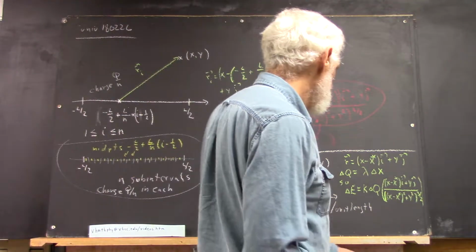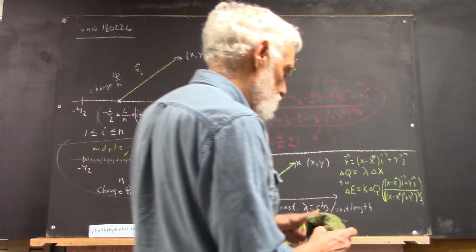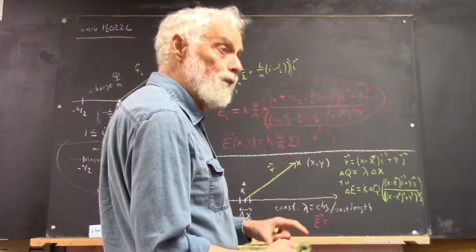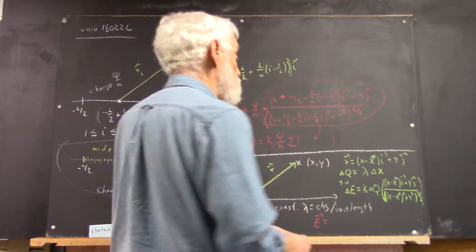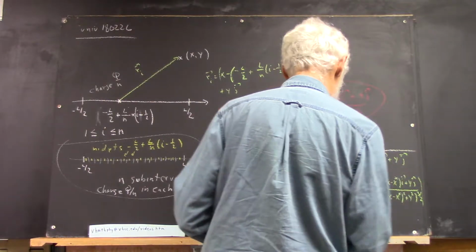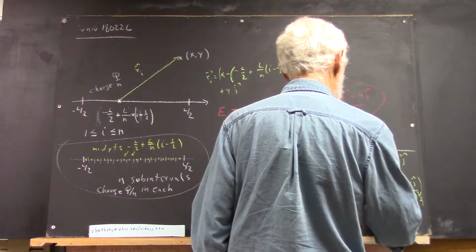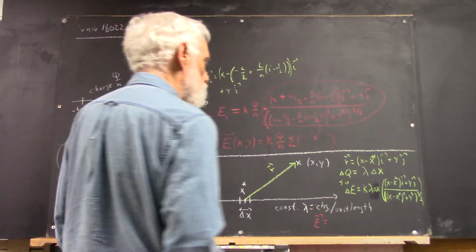But of course, our delta Q, which isn't going to stay there, so look at it fondly before it goes away, is what? Lambda delta x. So what's our integral going to be?